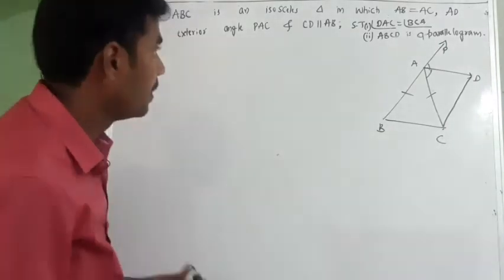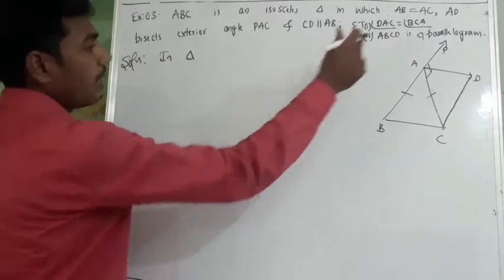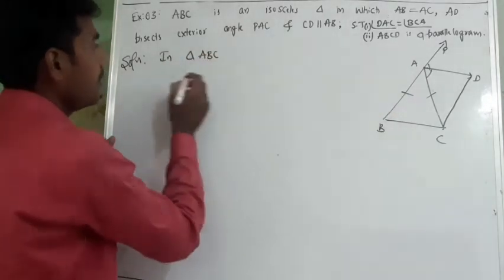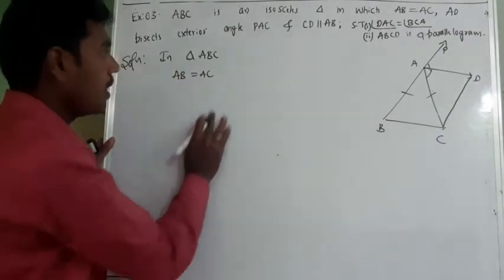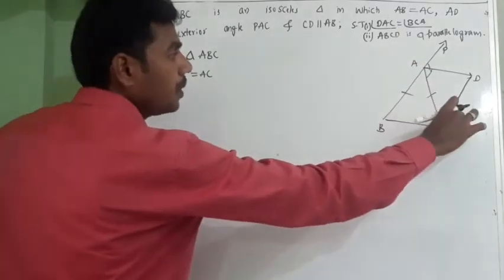Okay, we'll proceed. In triangle ABC, what is given? AB is equal to AC. Because of this, what can I write? What is the angle opposite to AB?